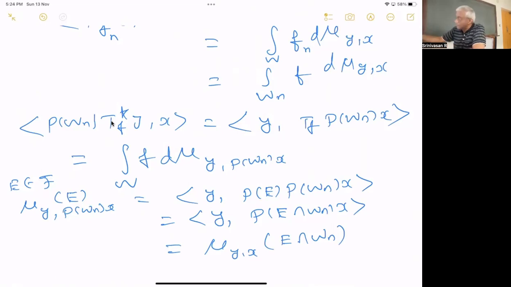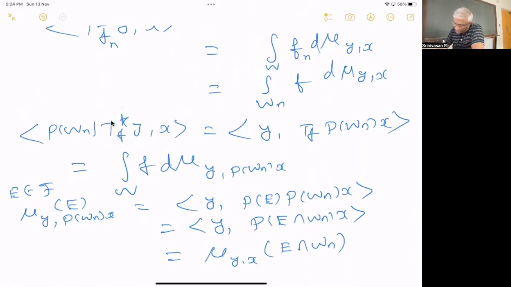Because of this verification, in this integral we have a measure, and that measure is just the mu y x measure intersected with the set omega n. So this is just again the integral over omega n of f d mu y x. So both sides are equal, right? So hence the claim.